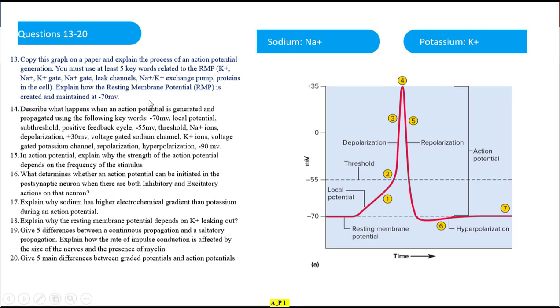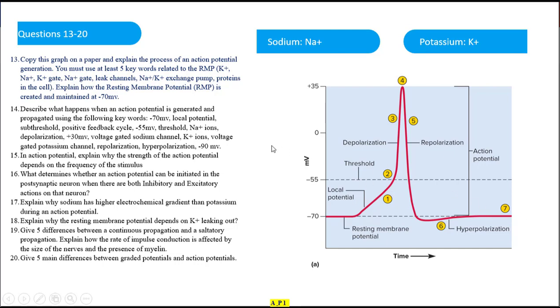Let's go to the next set of questions, 13 to 20. Copy this graph. This graph shows the action potential. It has numbers. You can see number 1, local potential, number 2, threshold, number 3, depolarization, number 4, plus 35, number 5, repolarization, number 6, hyperpolarization, and number 7, coming back to the resting membrane potential again.